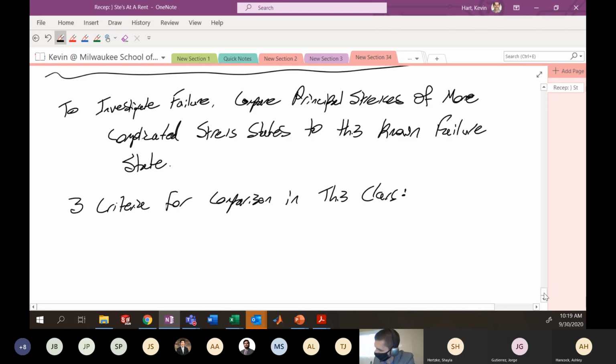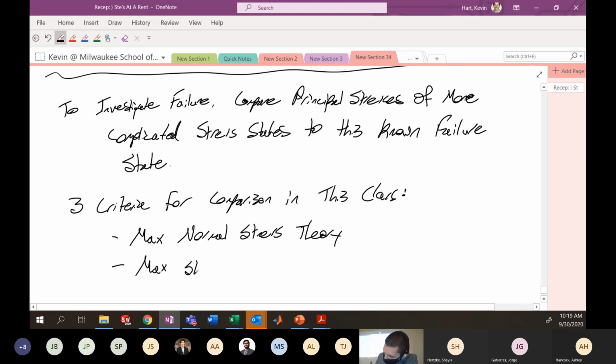That we're going to talk about is the max normal stress theory. Max shear stress theory, also sometimes called the Tresca criteria.